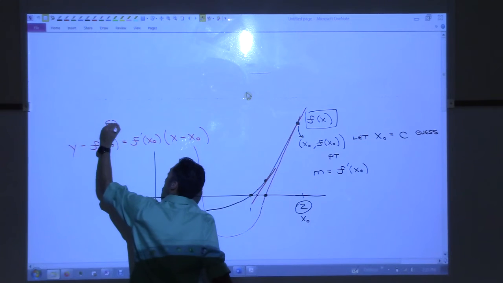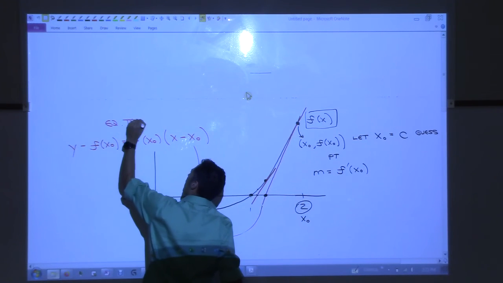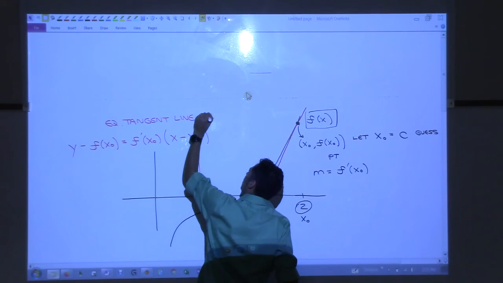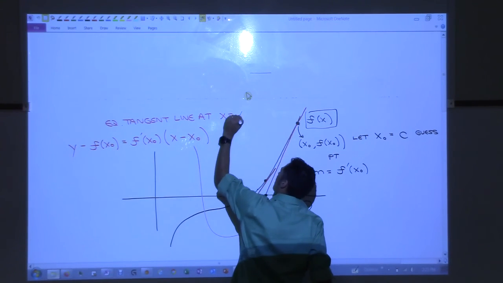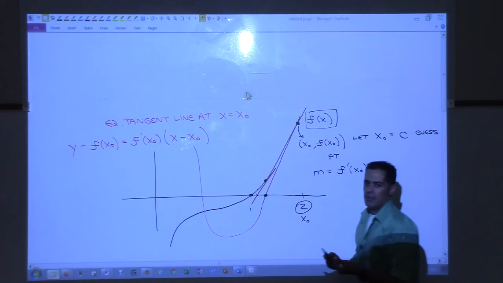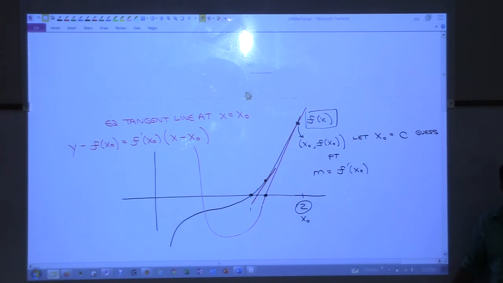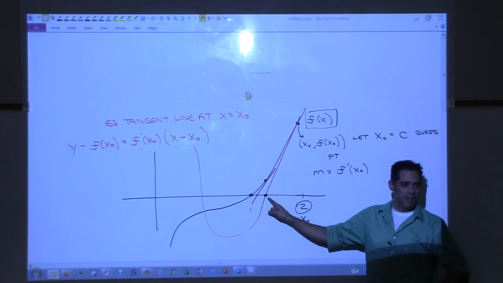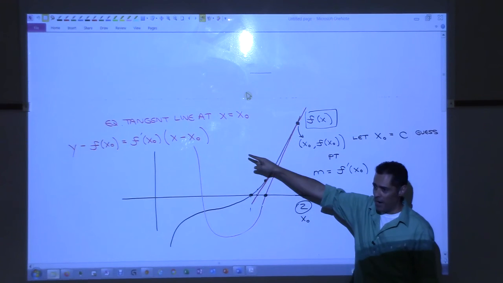This is the equation of the tangent line at x equals x naught. That's the equation of the red line. Do you agree? But I'm not looking for the equation of the red line. I'm looking for that point, which is the x-intercept of that line.